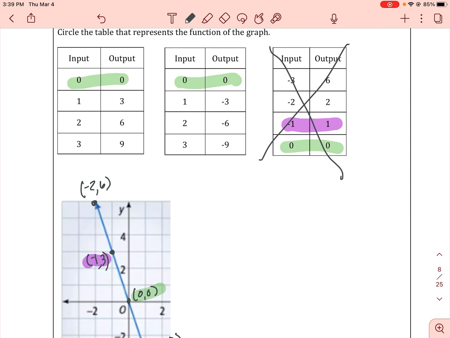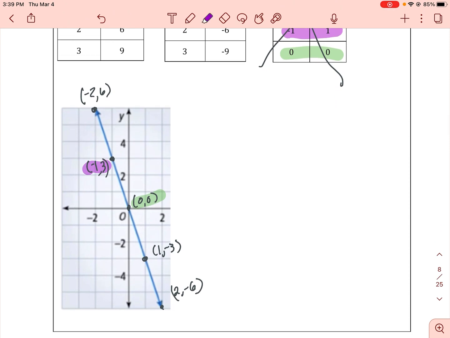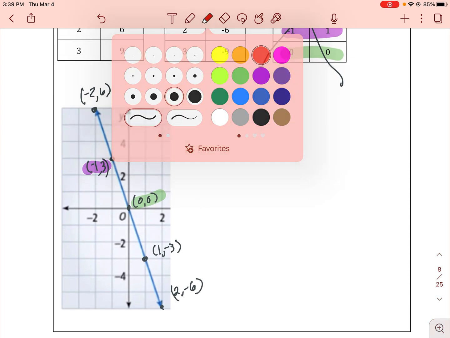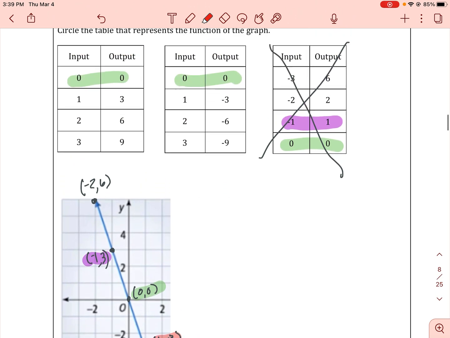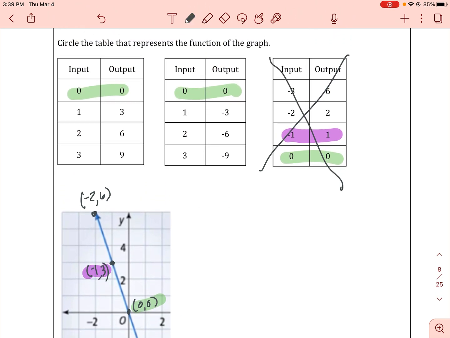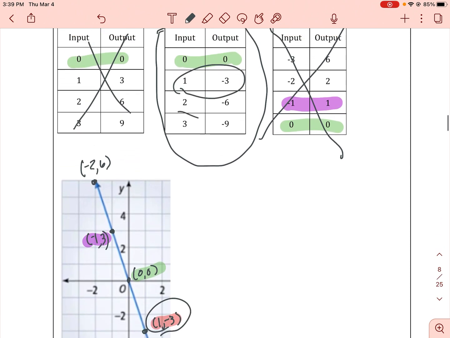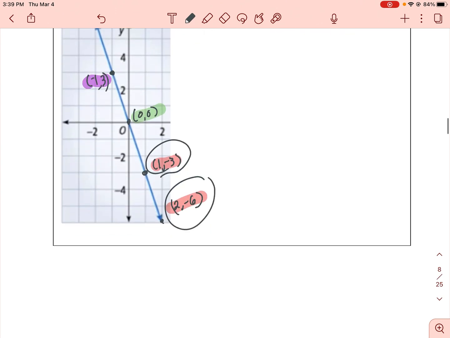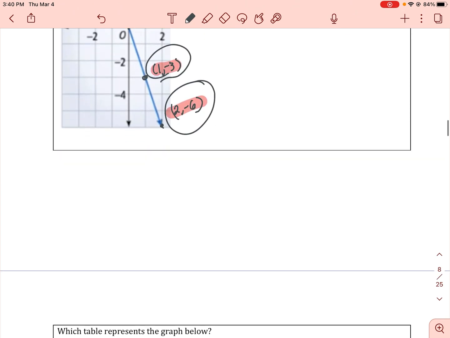All of these have positive inputs, or positive x values. If you look at the points given that have positive x values, your y values are all negative, and the only one that has that is this table right here. This has the points 1, -3 and 2, -6. So this would be your table.